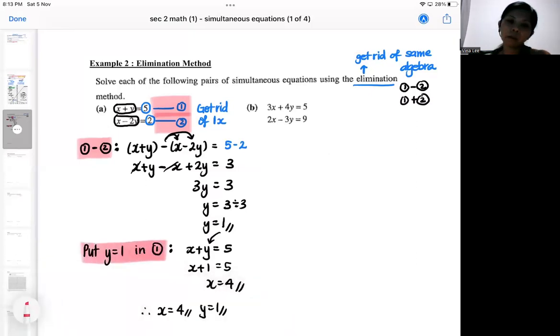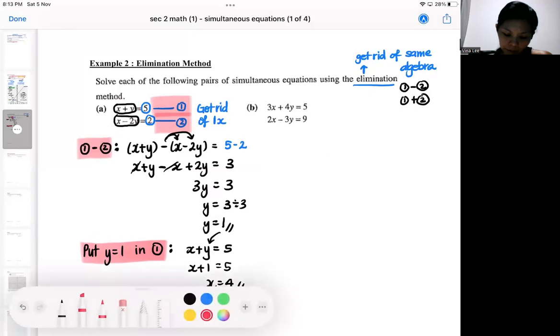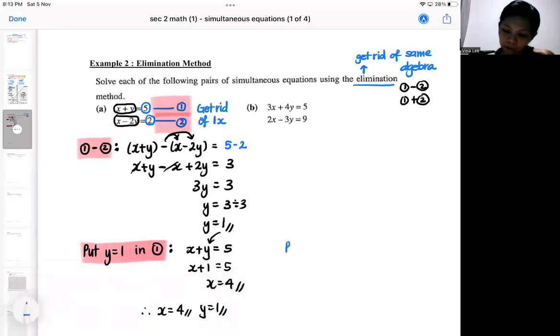If somebody says, can I put y equal to 1 into equation 2? Yeah, you can. Maybe you will say that I would like to put into equation 2. Does that work? You can try. If you look at equation 2, you put in y equal to 1.